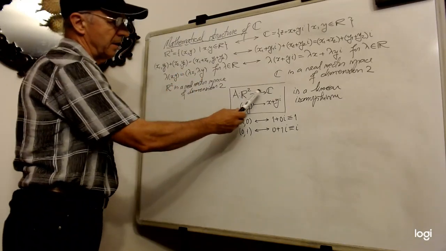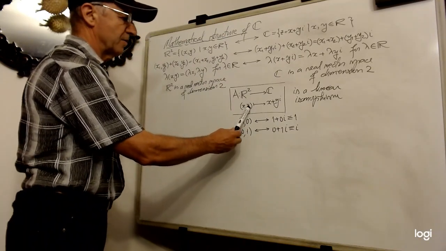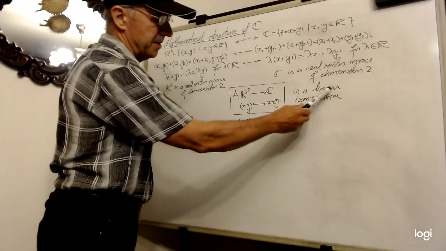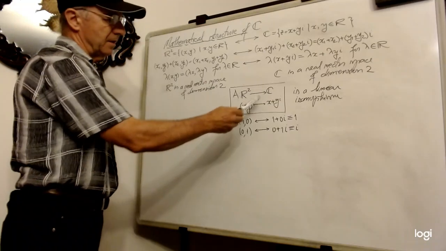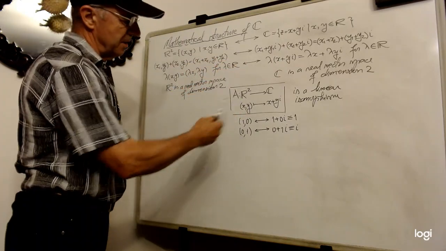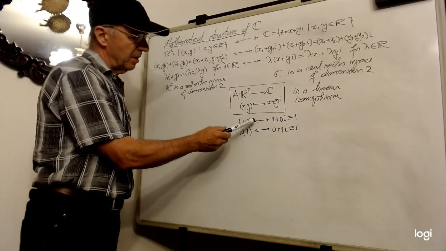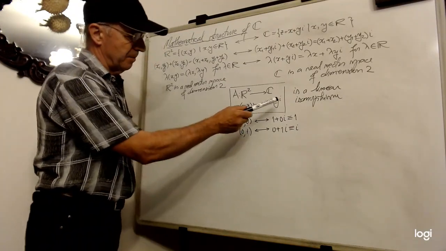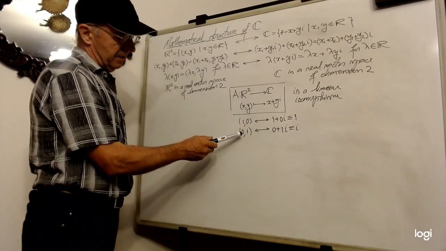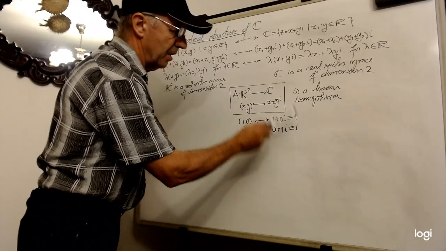The mapping defined here, the vector with the components x, y goes to x plus y i, is a linear isomorphism. Evidently, this is a bijective mapping, and also it is linear. For example, the vector with the components 1, 0 corresponds through this mapping to the complex number 1, and this vector to the imaginary unit i.